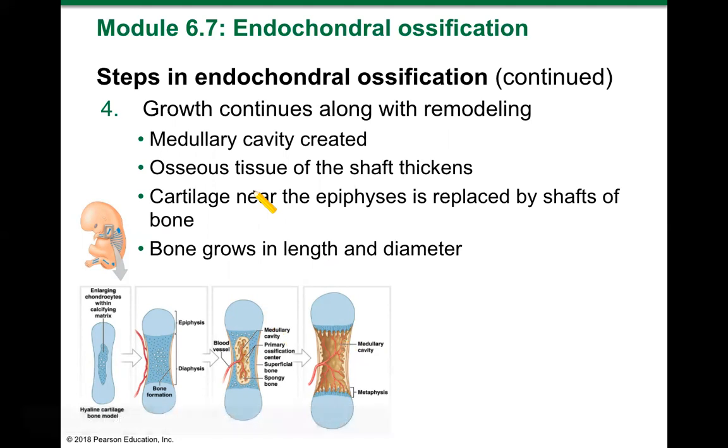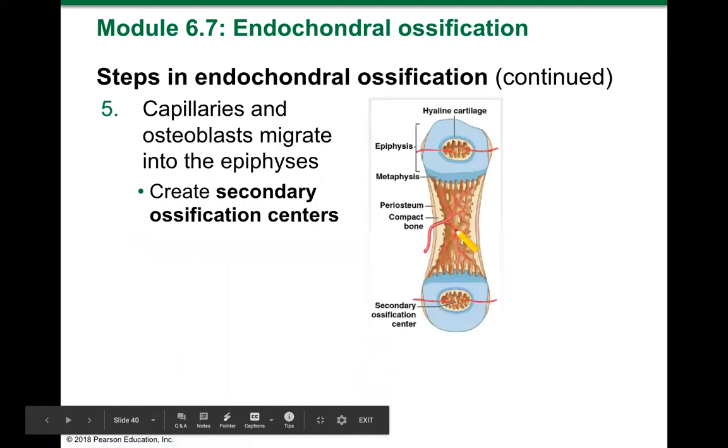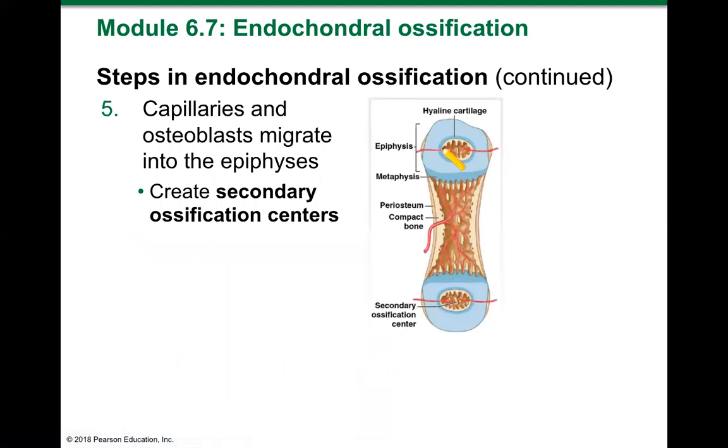So the osseous tissue is going to thicken. The cartilage near the ends is eventually going to be replaced by the shaft that's growing in length and diameter. Then you have the capillaries. So now you have vascularization that's going to start to migrate in and start to provide nutrients to all sorts of areas.